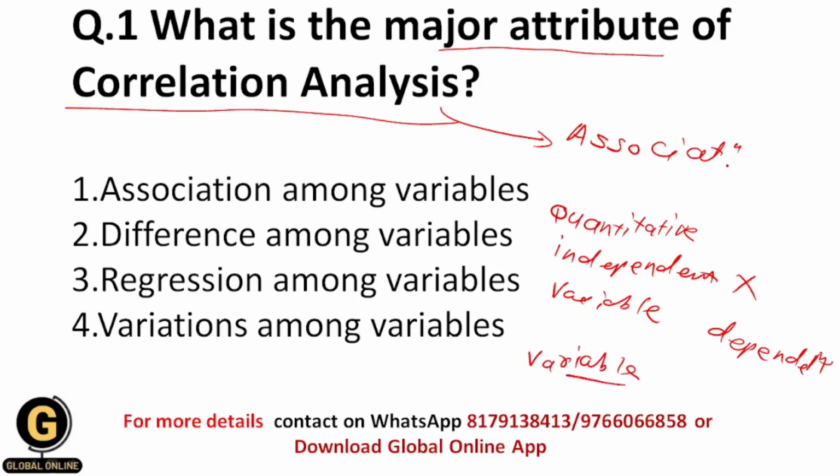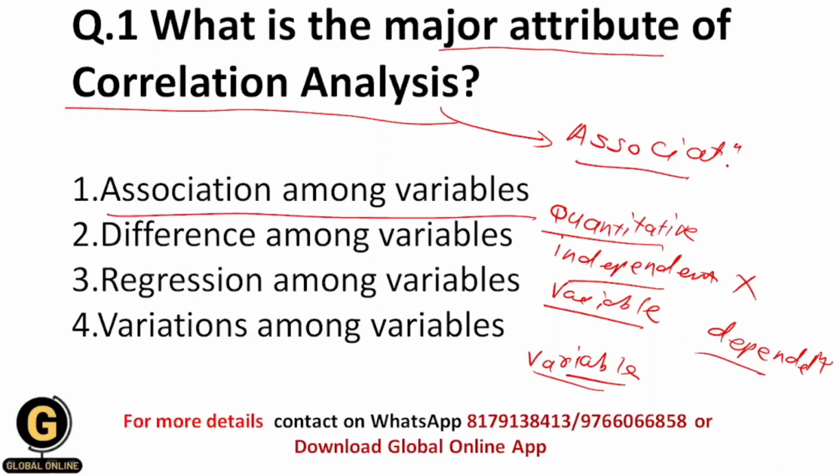So basically, correlation analysis finds the association between two or more independent variables and the dependent variable, and those variables are quantitative. Basically it does the association among the variables. Let us see the options. The first option is association among variables, difference among variables, regression among variables, variations among variables.